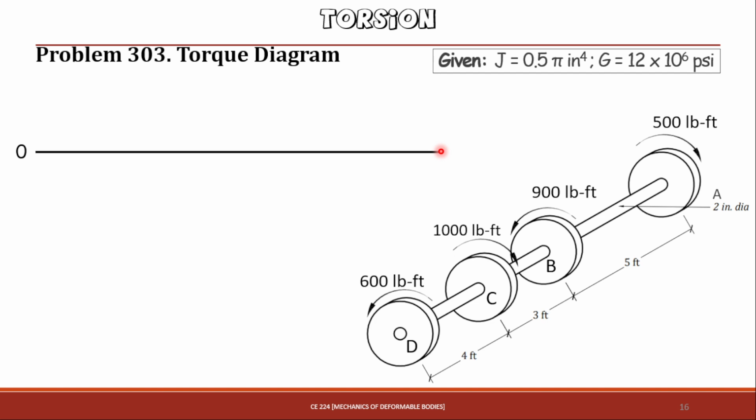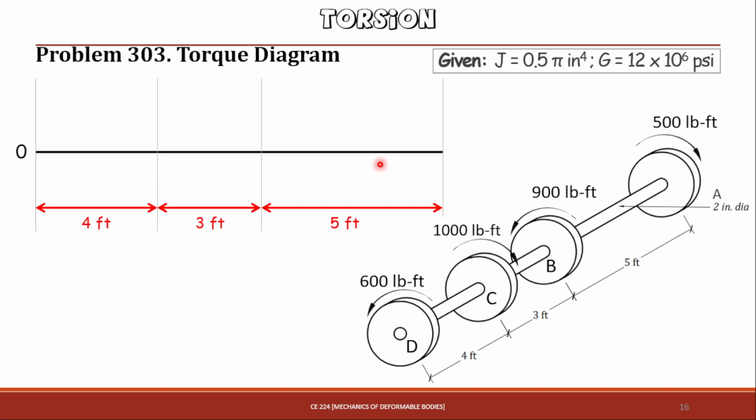Okay? So, after that, i-mimic lang natin yung distances ng A, B, C, D dito sa ating torque diagram. So, 4 feet, 3 feet, tsaka 5 feet. Tapos, andito si gear A, andito si gear B, gear C, tsaka gear D. So, point A, B, C, D. Okay? So, again, yung sign convention natin, pag clockwise, positive. Pag counterclockwise, negative.